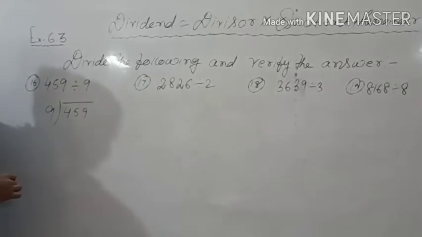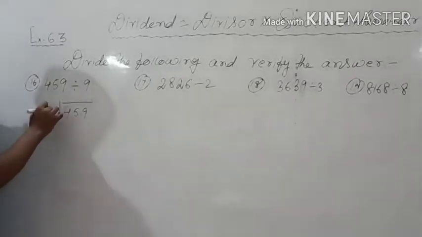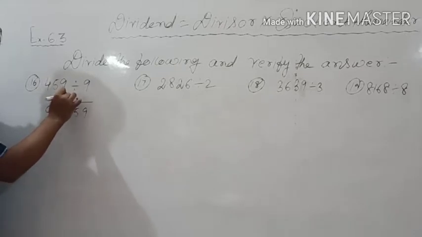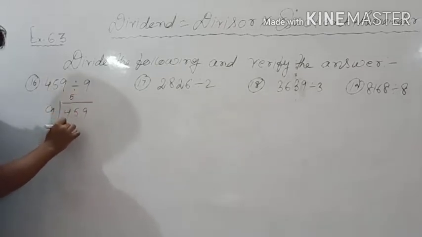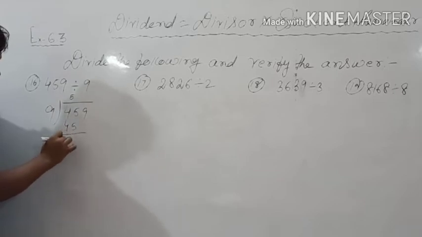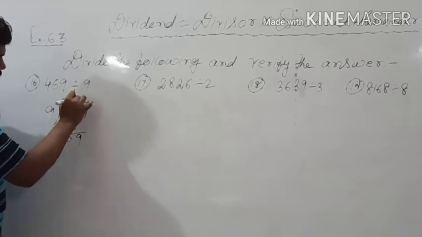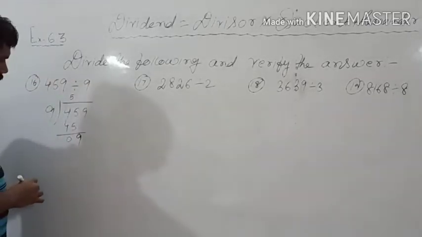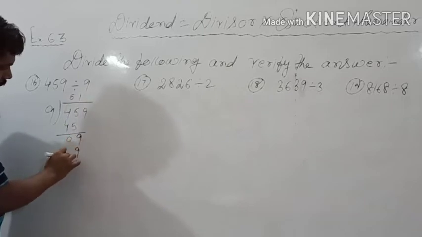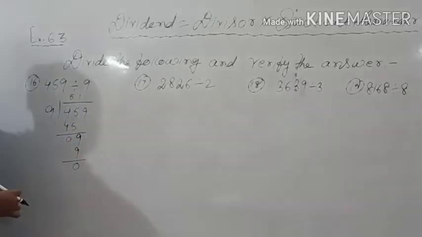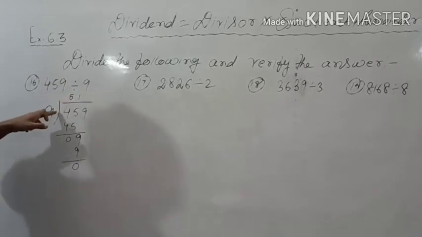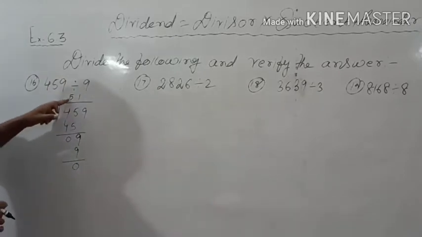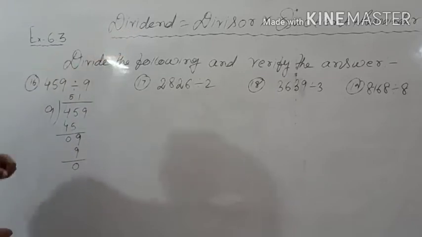So the table of 9 we will read. Okay, so 4 9s are 36, 5 9s are 45, 5 9s are 45. So 0 9 here, so 9 1s are 9. Okay, so 0. So let us verify this now just by multiplying the quotient and divisor.